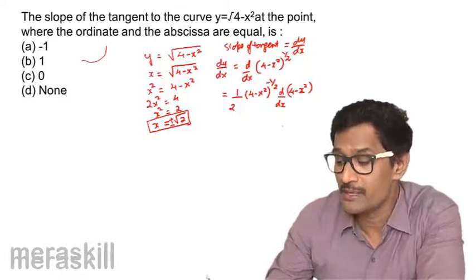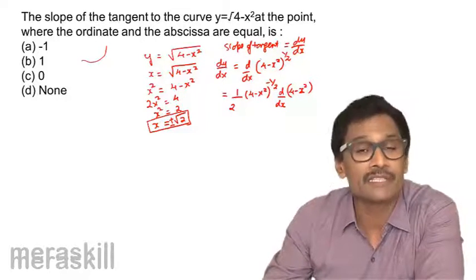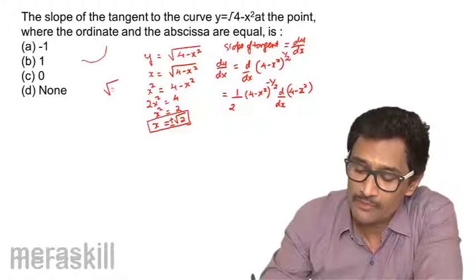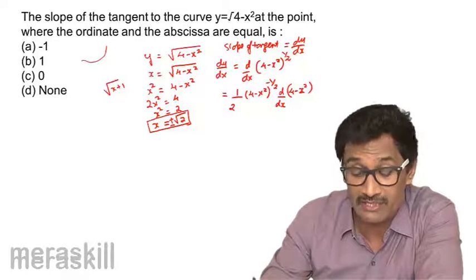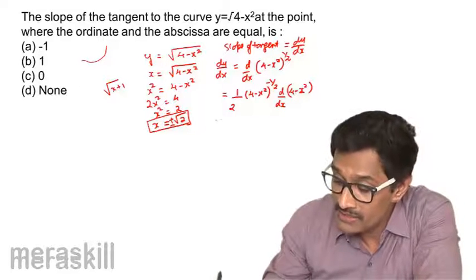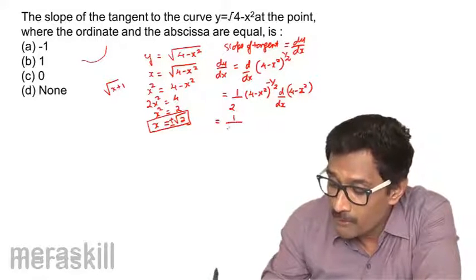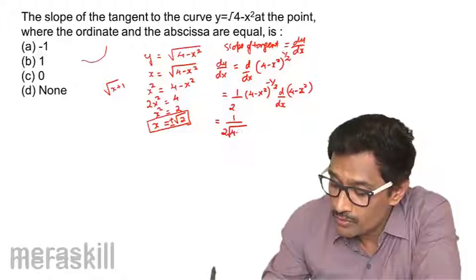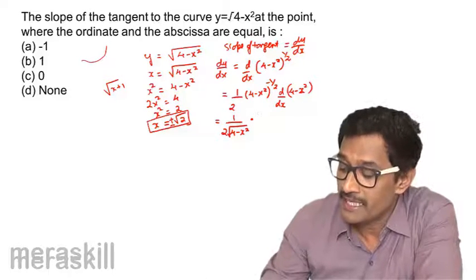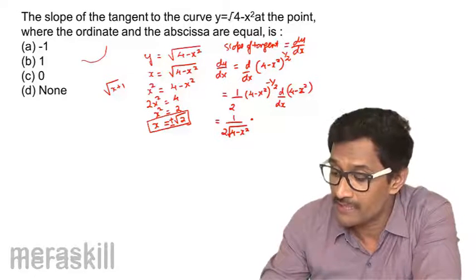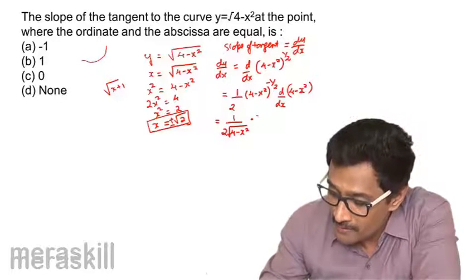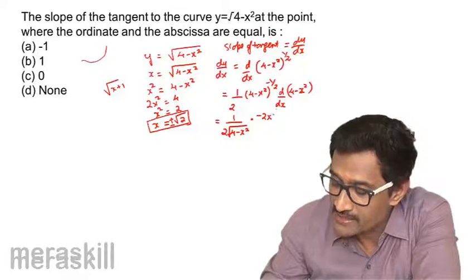We need to do this because there is a function within a function. In the previous example, it was just root of x plus 1. Even over there, we did find the derivative of x plus 1, but that turned out to be 1. Now this hence becomes 1 upon 2 root 4 minus x squared into d by dx of 4, which is 0, and d by dx of minus x squared, using minus n x raised to n minus 1, is minus 2x raised to 2 minus 1.